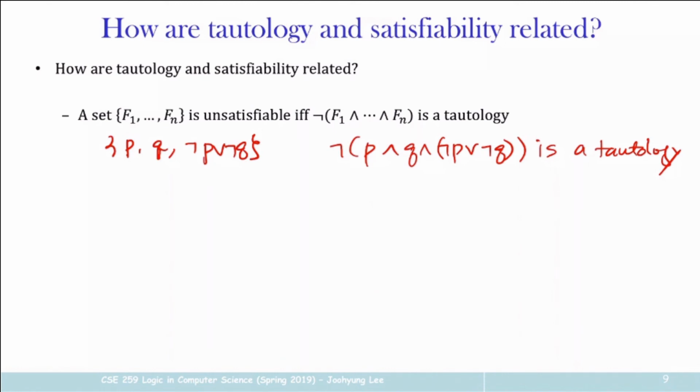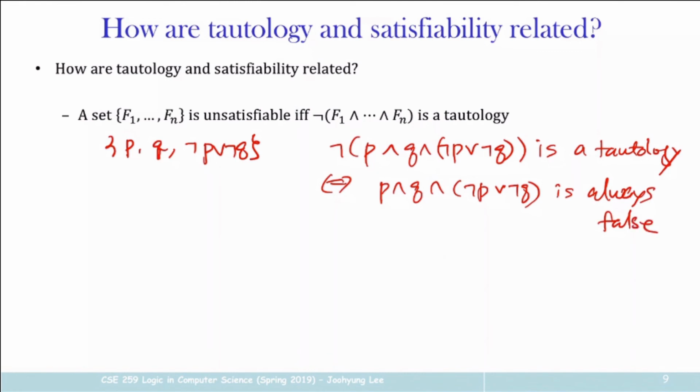Okay? Well, this is actually same as P and Q, right? If you just flip the negation, right? Negative formula is a tautology, means that the original formula is always false for all interpretations. Okay? If it is always false, that means there is no interpretation that satisfies all three formulas. These two are an if and only if condition.